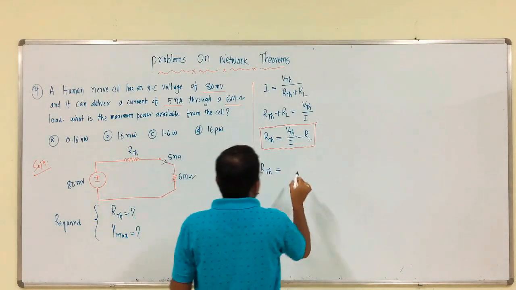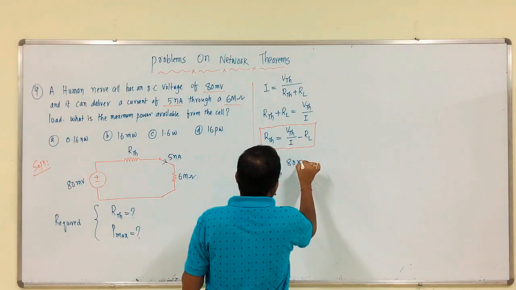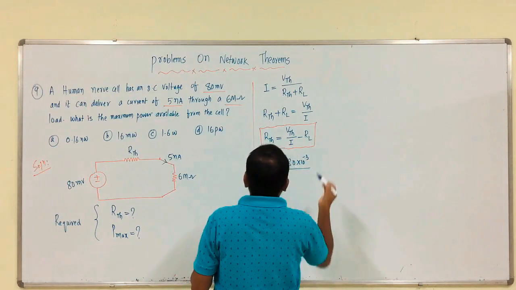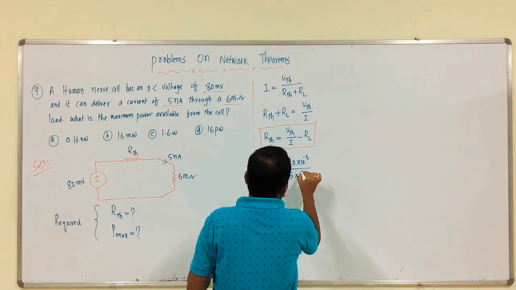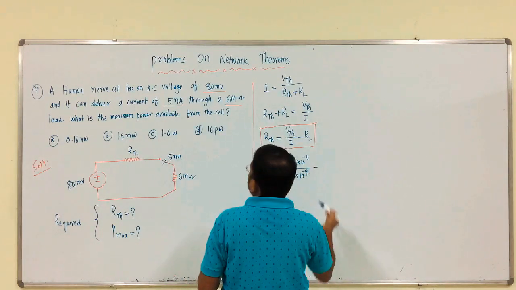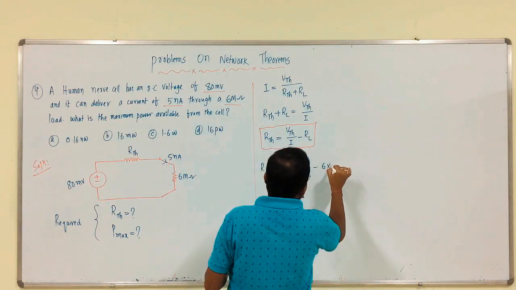The VTH value is 80 millivolts, 8 into 10 power minus 3 by I, which is 5 nanoamperes, 10 power minus 9, minus RL, which is 6 into 10 power 6.